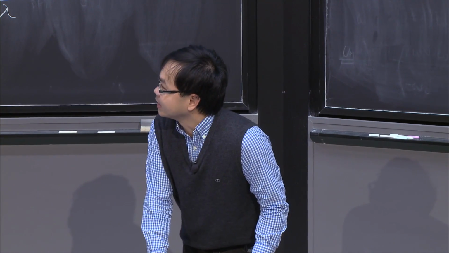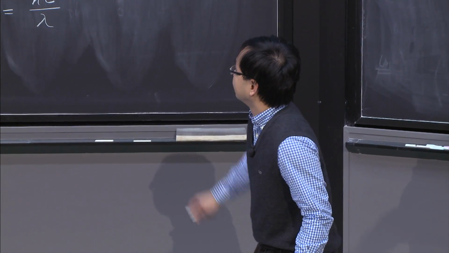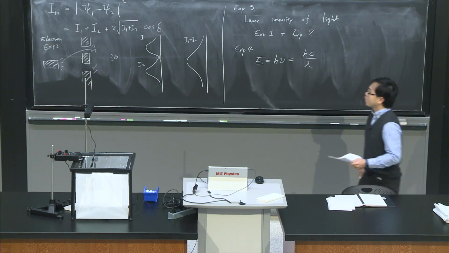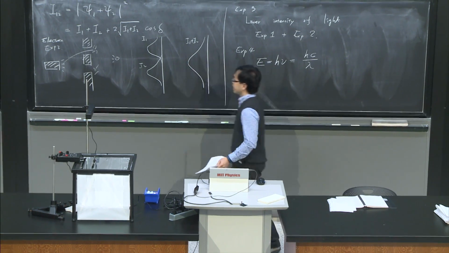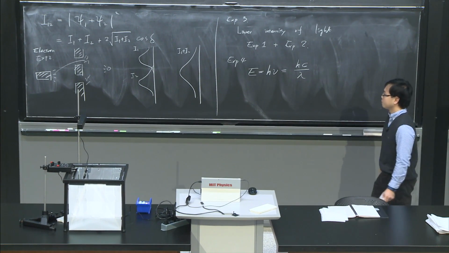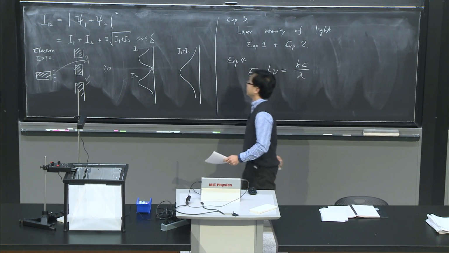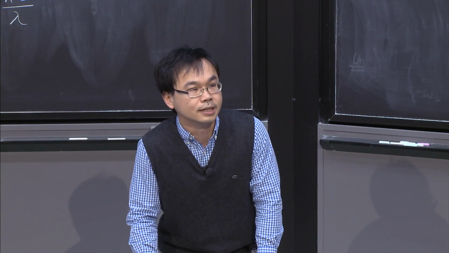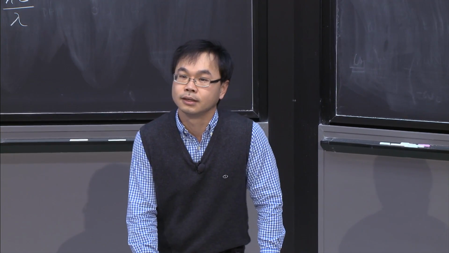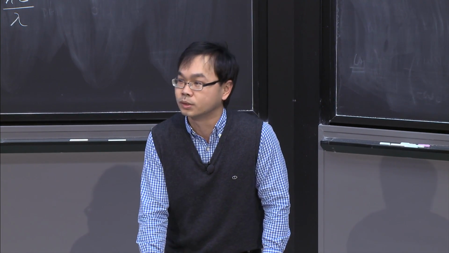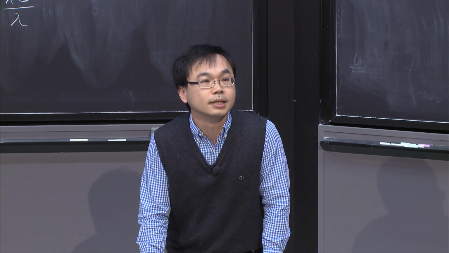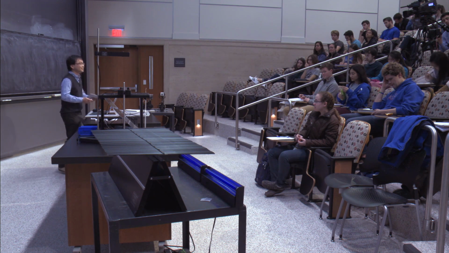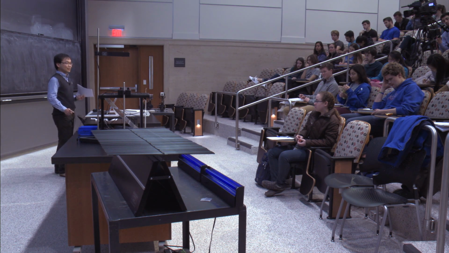Will the result be like experimental result number 1 when I go to extremely low intensity, or will my result be like experimental result number 2, because each electron is hit by the emission from the light source? Anybody want to try? Just guess: 1 or 2, or a mixture of them.